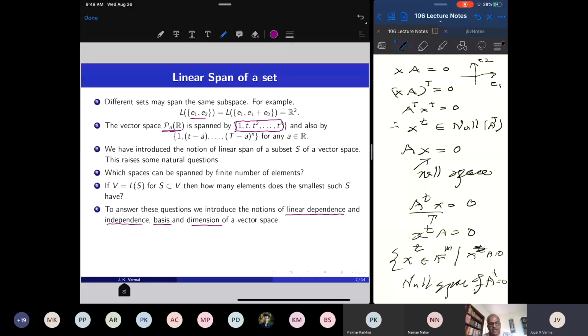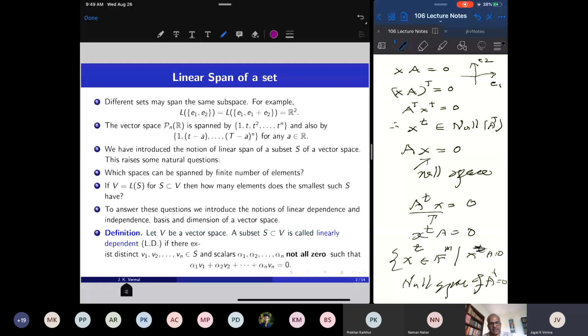Suppose V is a vector space. Then a subset of V is called linearly dependent if there exist distinct vectors, the distinct is important, v1, v2, ..., vn, n distinct vectors, and scalars alpha 1, alpha 2, ..., alpha n that are not all zero.